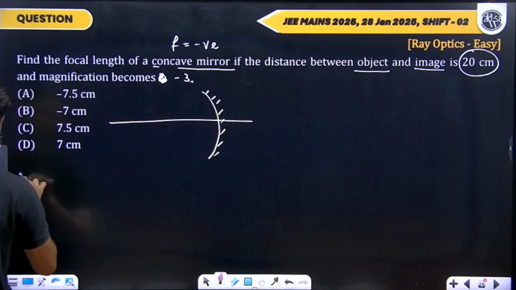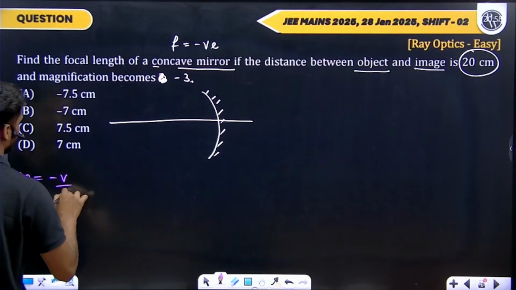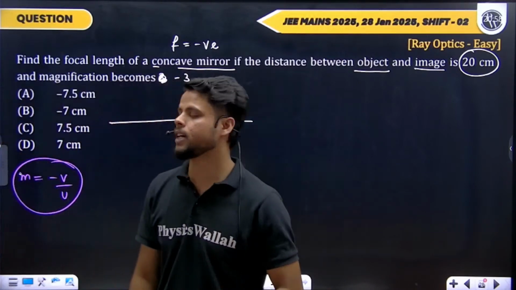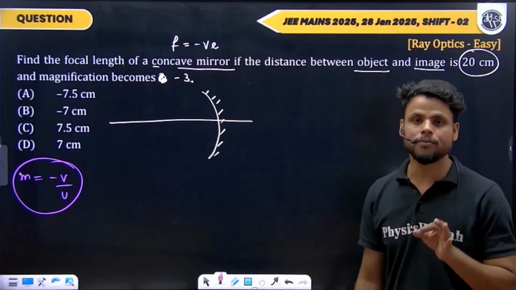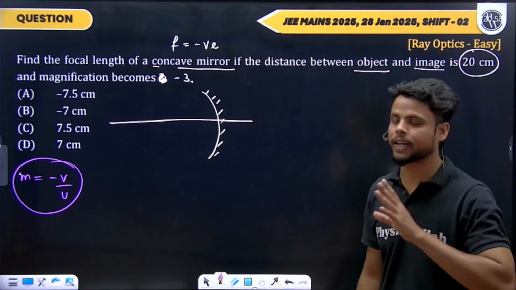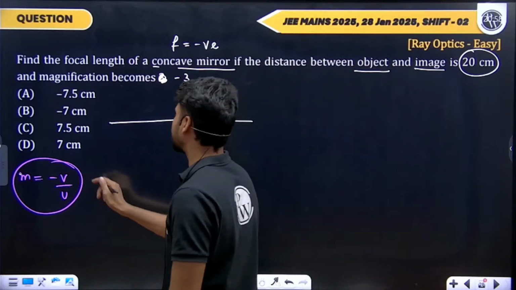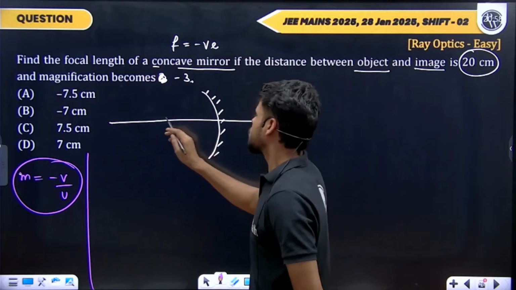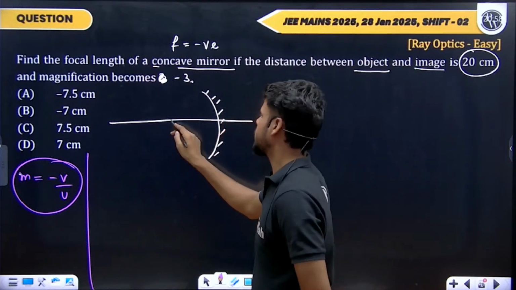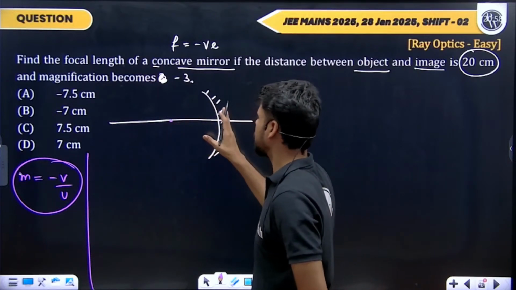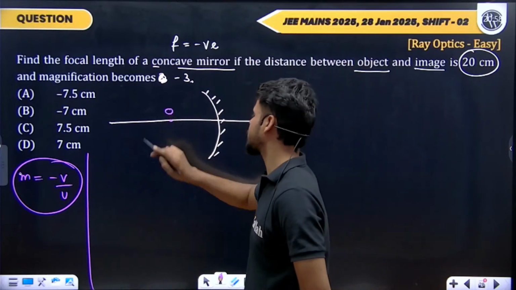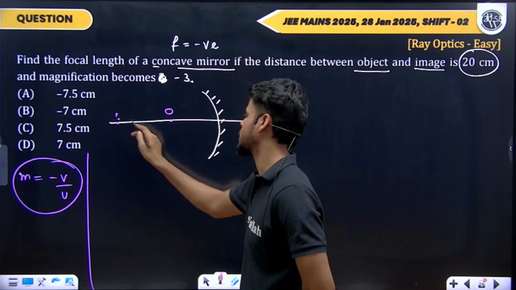So if you are getting magnification of greater than 1, then from here you can interpret that v will be greater than u in magnitude. So we are getting a magnification of minus 3. Now from here I can say that the object will be closer to the mirror, and its image will be farther. So this will be the object's location, and this will be the image location.